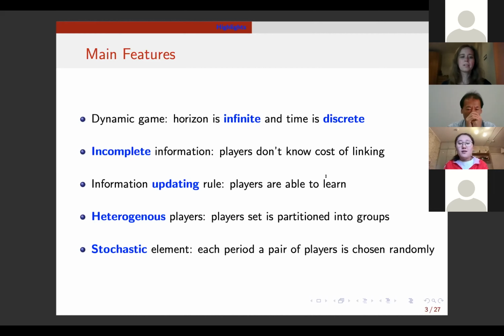Also, in our game, the player set is partitioned into different groups, and the players in different groups have different properties, so they are heterogeneous. Besides, it's very important that there is a stochastic factor in the process, because in each period, a pair of players will be chosen randomly.